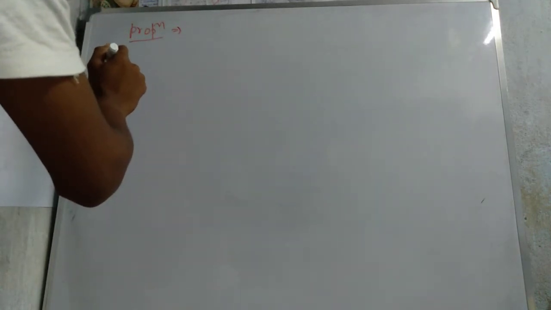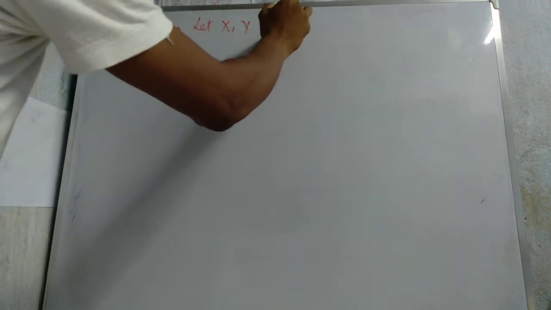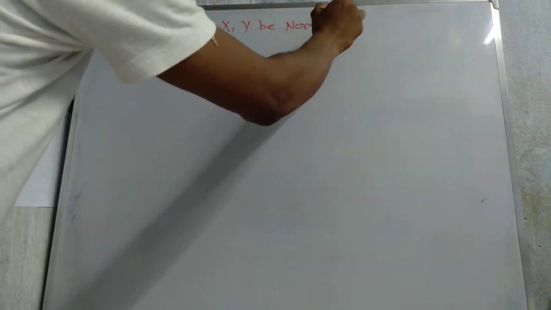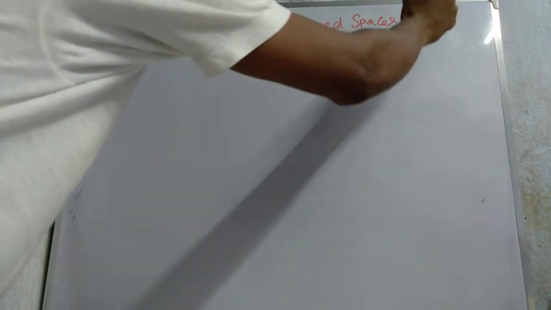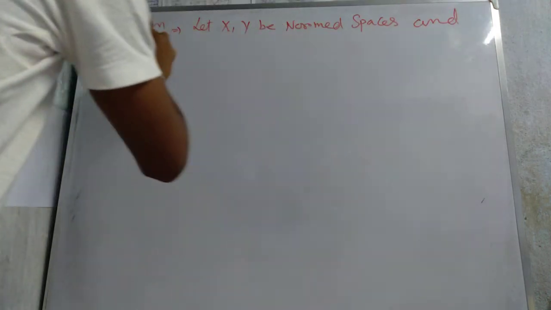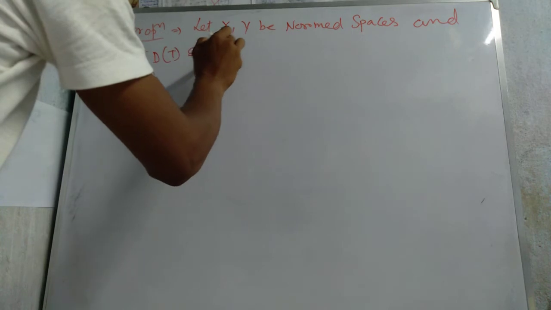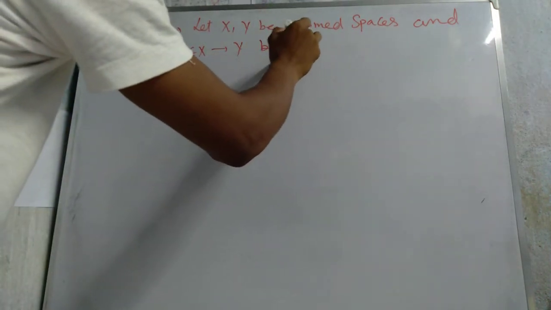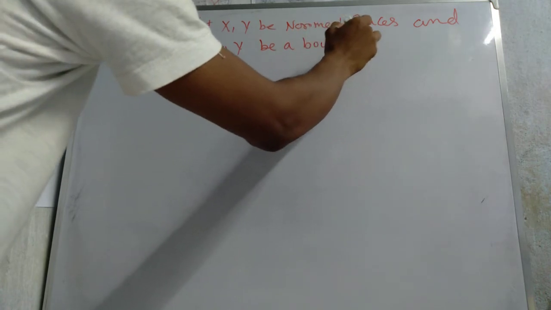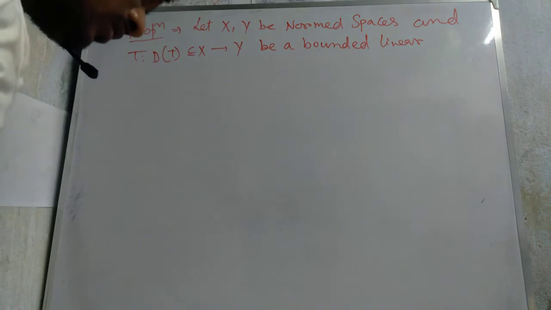Proposition: let X, Y be normed spaces and T, with domain D(T) a subset of X, to Y, be a bounded linear operator.